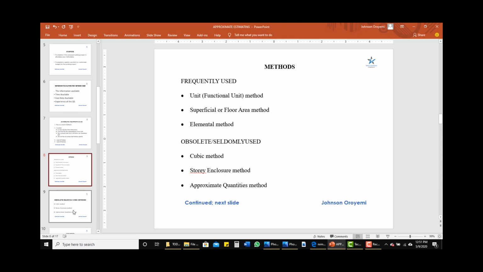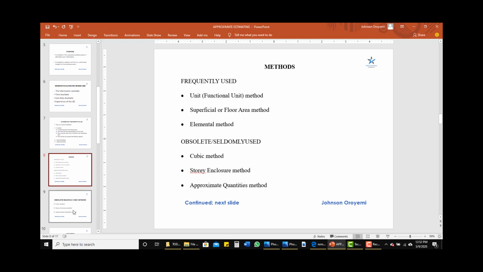And let me say this, that on an international basis, according to the Royal Institution of Chartered Surveyors, the first three methods that I put as frequently used are the ones recognized according to NRM1, New Rules of Measurement 1, as methods of preparing preliminary estimates. Other ones are not in NRM1 because they are obsolete and seldom used. So that's that on methods of preparing preliminary estimates.